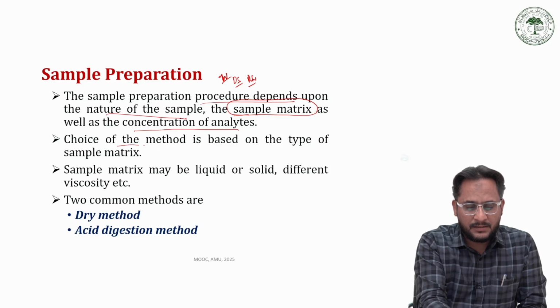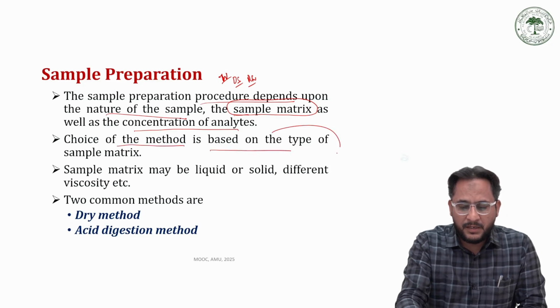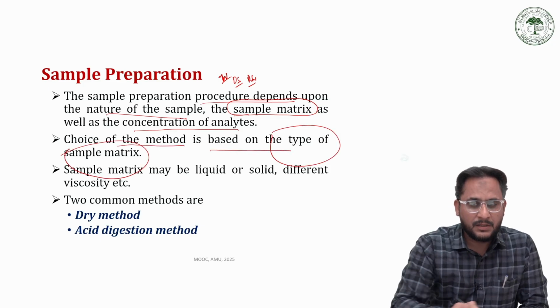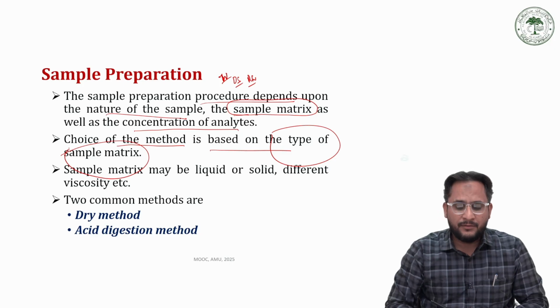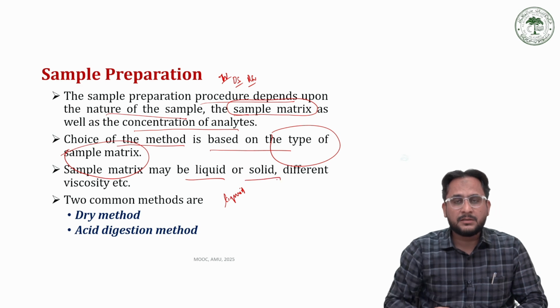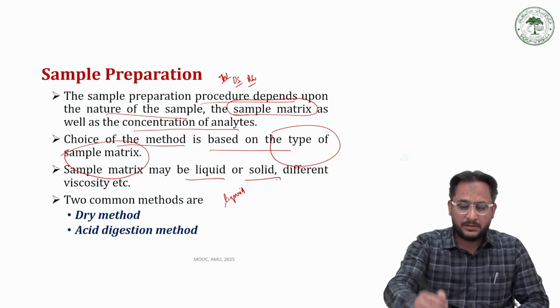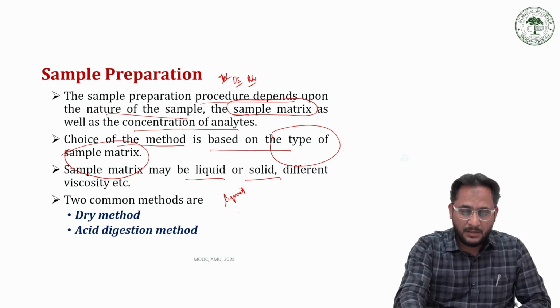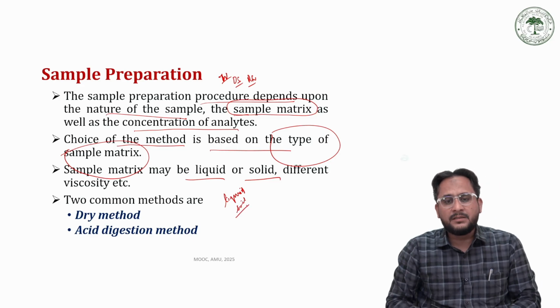Of course, as I said, the choice of method mainly depends upon the sample matrix. For example, sometimes we have a liquid matrix, sometimes we have a solid matrix. Now in solid we have different types of matrices. For example, we may have a soil matrix from which we have to analyze the type of elements present.